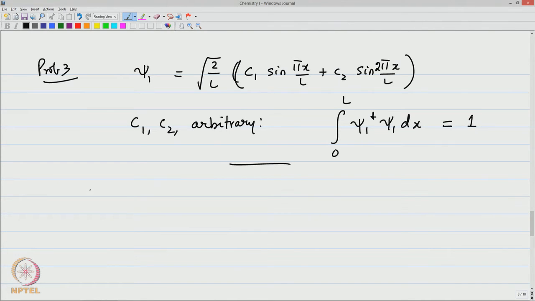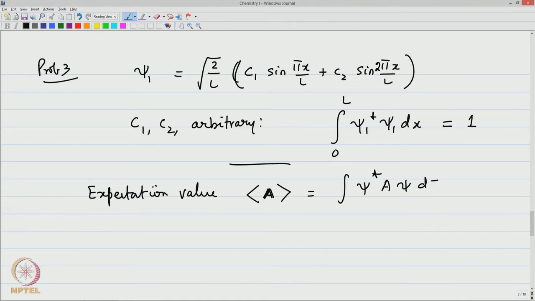Then recall that the expectation value of any operator A, which is written as A within angular brackets, is given by the integral psi star A psi d tau divided by the integral psi star psi d tau, which is usually 1 because we have normalized the wave function to unity.